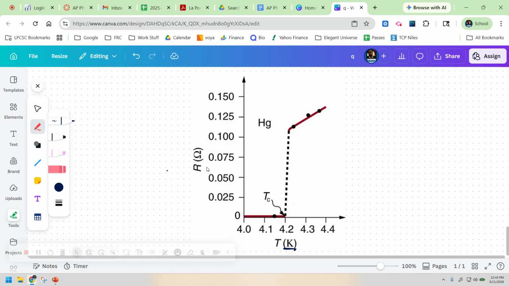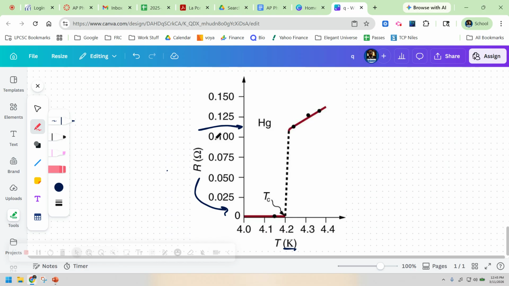And so what you see is it's a superconductor up to, in other words, there is 0 resistance all the way up to the temperature of 4.2. But then after 4.2 Kelvin, now it has resistance, right?